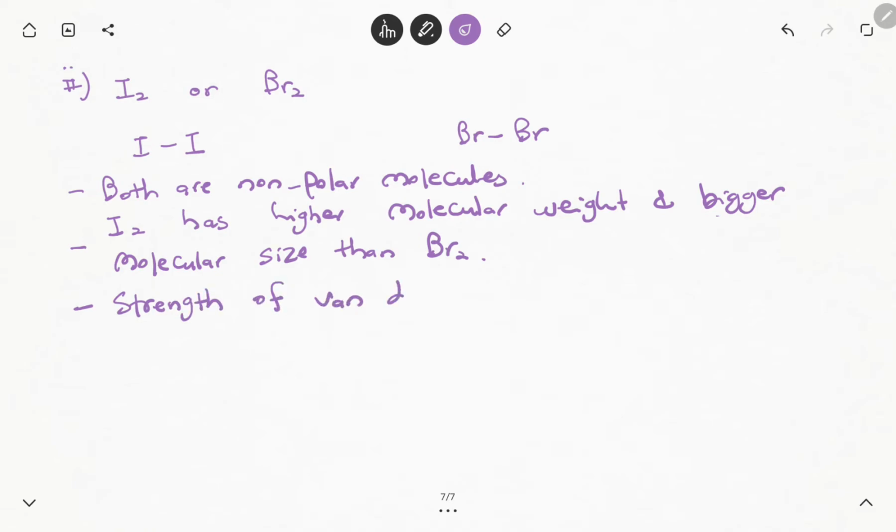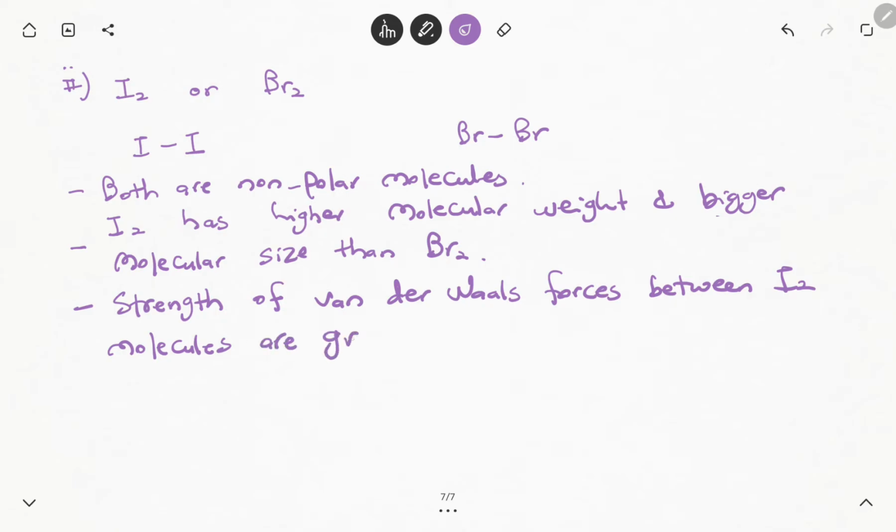Van der Waals forces between I2 molecules are greater than Br2 molecules.